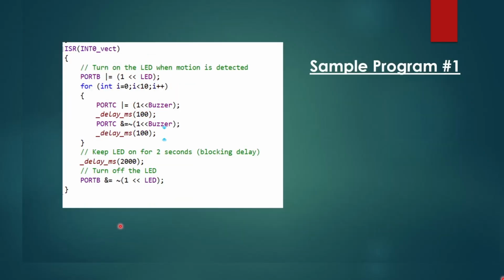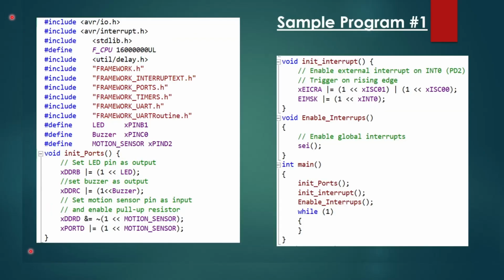And finally, we have our interrupt service routine, which is where everything is going to be done. We're going to turn on LEDs, we're going to drive the buzzer, and then we're going to turn off LEDs. So let's get into the details.